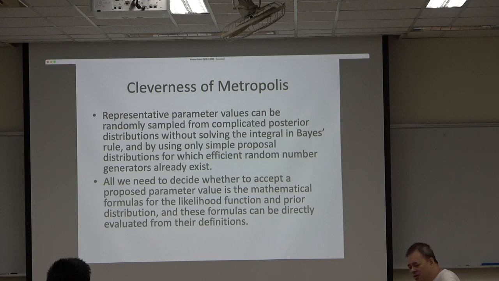The random walk will naturally sample more in the area where we have higher values of p theta, and it will spend almost no time in the area where the p theta is close to zero. So this is very, very important.